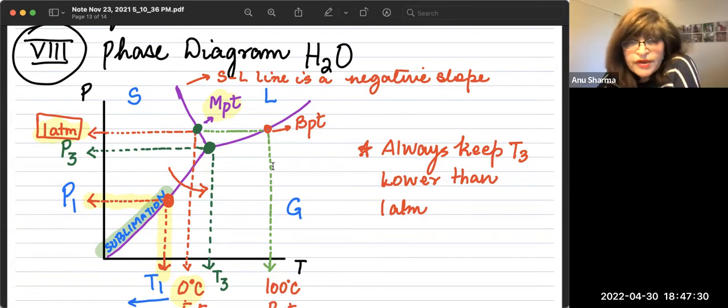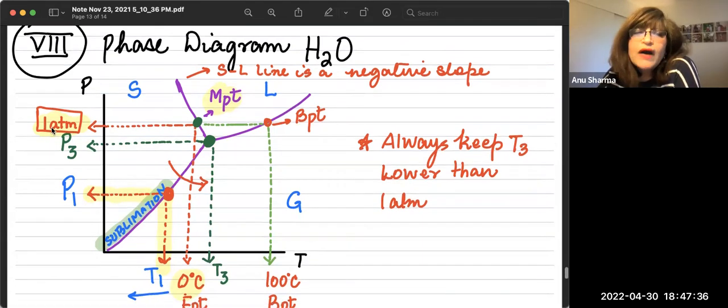Okay, now a point to note. Here, 1 atmosphere is our normal atmospheric pressure, and 1 atmospheric pressure and a temperature of 0 degrees Celsius is normal, right? The triple point for water, P3, is lower than 1 atmospheric pressure, right here.